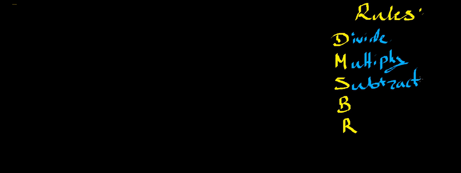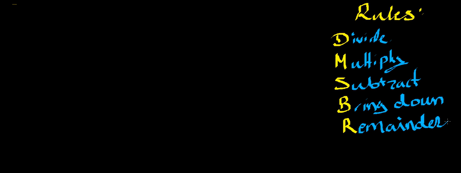And what these stand for are divide, multiply, subtract, bring down, and R stands for remainder. And these are the rules. Whenever we do long division, we have to follow these steps. And in a moment, I'll show you how I would do this.